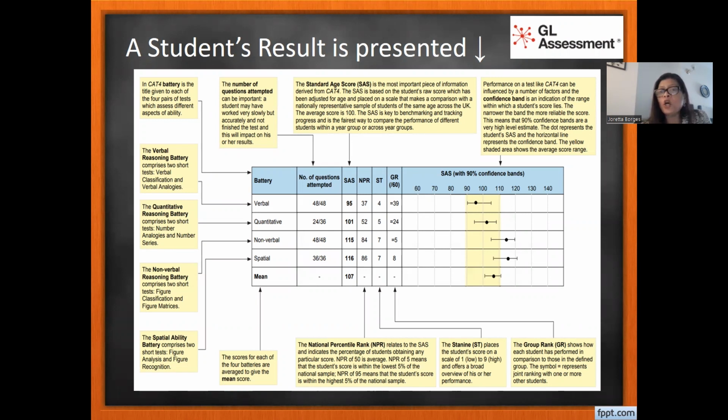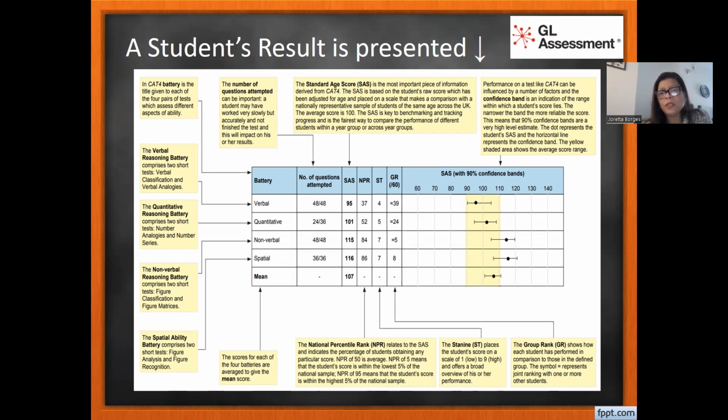The 90% confidence bands is another important piece of information, as it gives you an accurate estimate of where a student's score may fall should he be given the test again within a period of time.